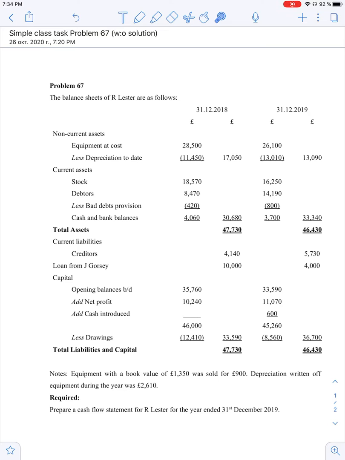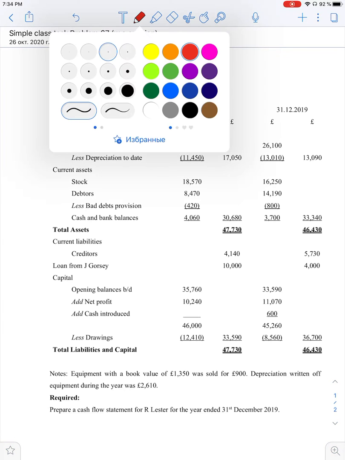So let's start our cash flow with the proper name, which reads R. Lester. Cash flow statement for the year.